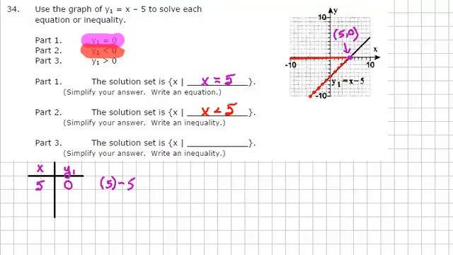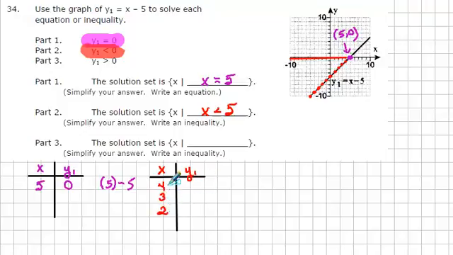Again, if we want to check our results using the equation, we could make a table of values. We would pick some values of x that are less than 5 and then evaluate y1. So if x is less than 5, we're including numbers like 4, 3, and 2.